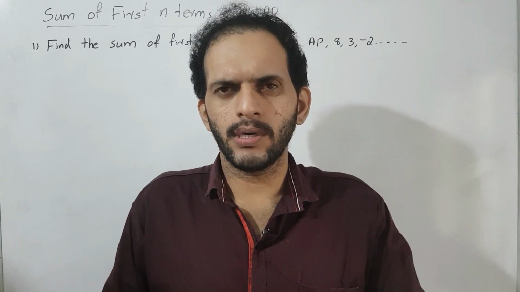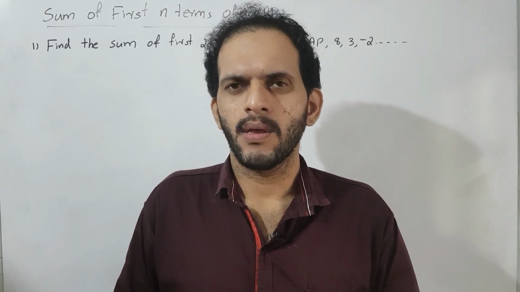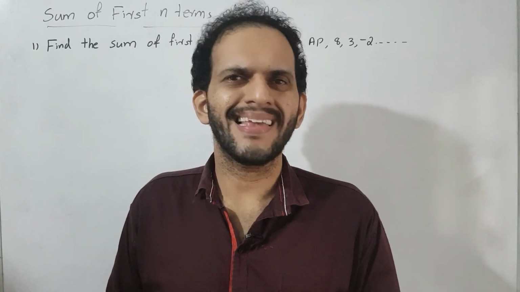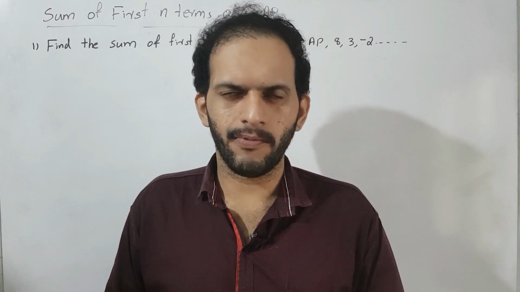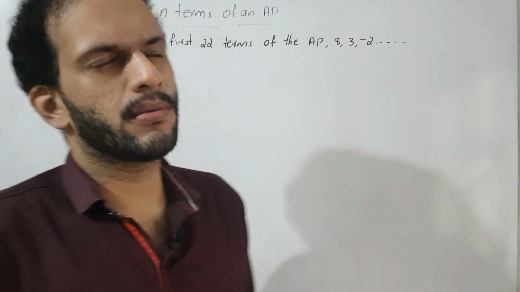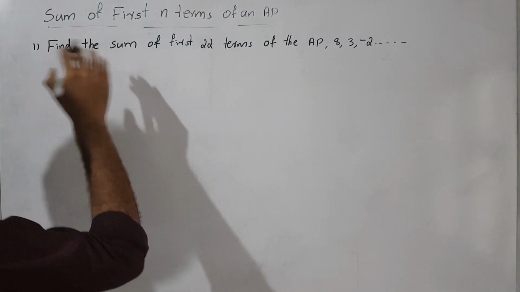Okay, then I told you it is possible to apply any one of the equations of the sum. If we use the second equation, we must first find the an there. That's the only difference. But here we are using the first equation. The equation is Sn is equal to, okay, then we got it. What do we need to find?